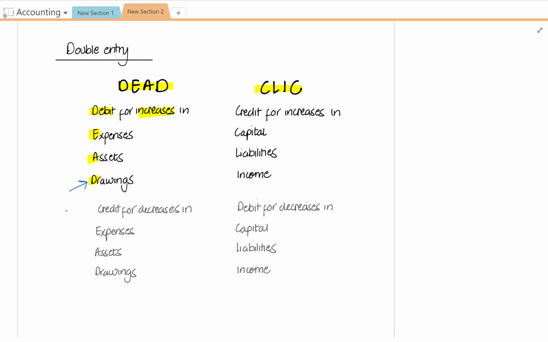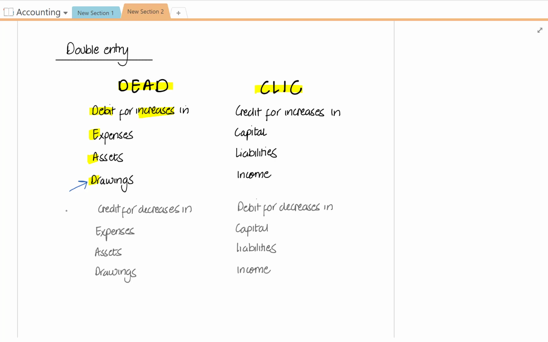From an accounting perspective, we like to maintain a separate record of this. So while drawings wasn't part of the main elements that we covered in an earlier video, when we think about actually recording the transaction, we do maintain a separate account for it. Okay, so debit for increases in expenses, assets, and drawings. That's what the dead stands for.